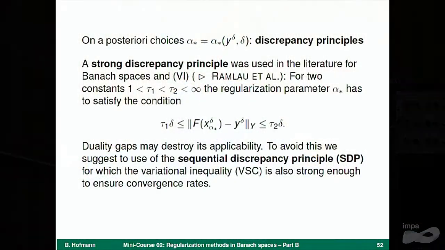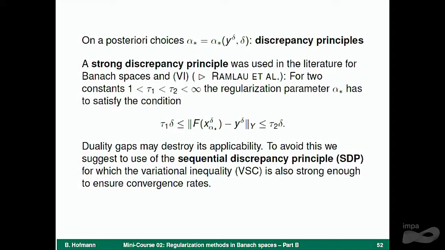So one of the traditional forms of doing this is, for example, Ramlau wrote a couple of papers there, such a form of discrepancy principle. You have this delta, you take two values greater than 1, tau 1 and tau 2, such that you search for an alpha, I call it alpha star, such that this is in an interval.